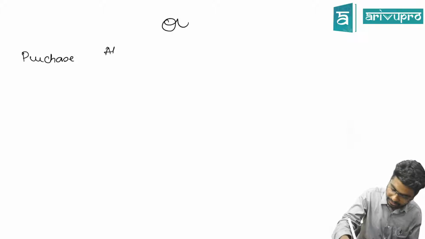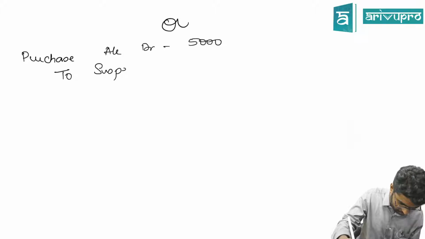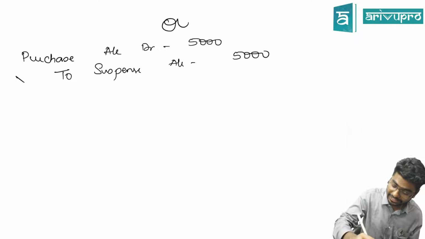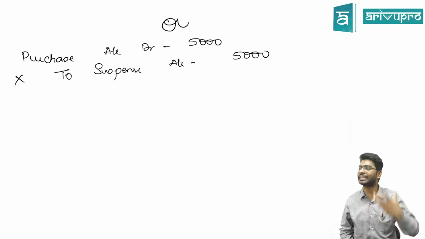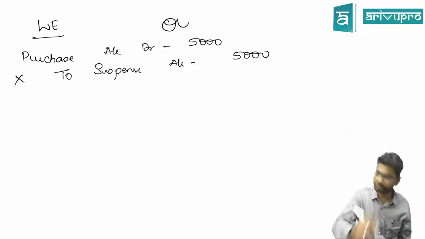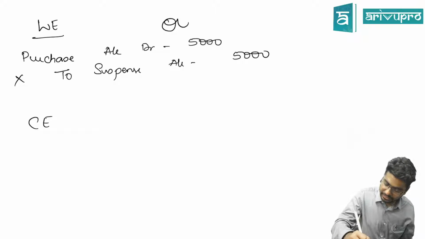Purchase account debit 5,000 to suspense account 5,000. Because I did not have any credit, I am just writing it as to suspense account. This is my wrong entry. Correct? What is my correct entry?